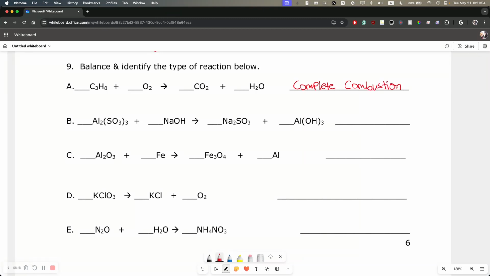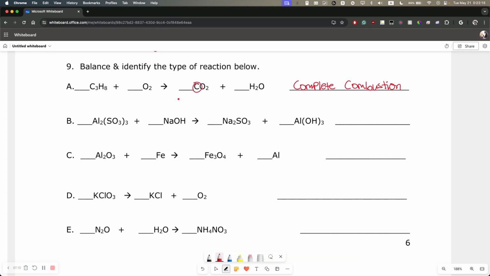Let's balance. The way to balance these is very simple. You just have to remember to take it one step at a time. I always start with the carbons and balance those, then the hydrogens, then the oxygens, since there's more than one oxygen in the compounds. How many carbons are there on the left-hand side of the arrow? We have 3.